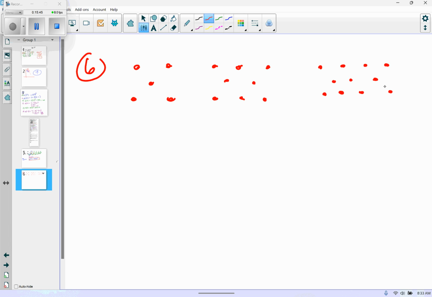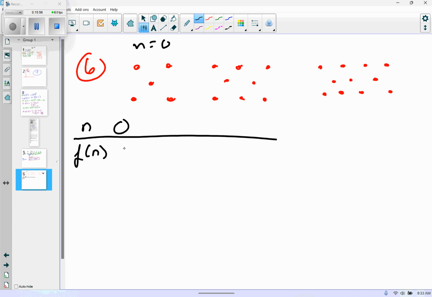Okay. So they want us to fill in the graph. So we have n and we have f of n. So this is at n equals 0 as they have listed. There's n equals 1, n equals 2. So at 1, if you count the dots, I have 5, 6, 7. It looks like there's 8.